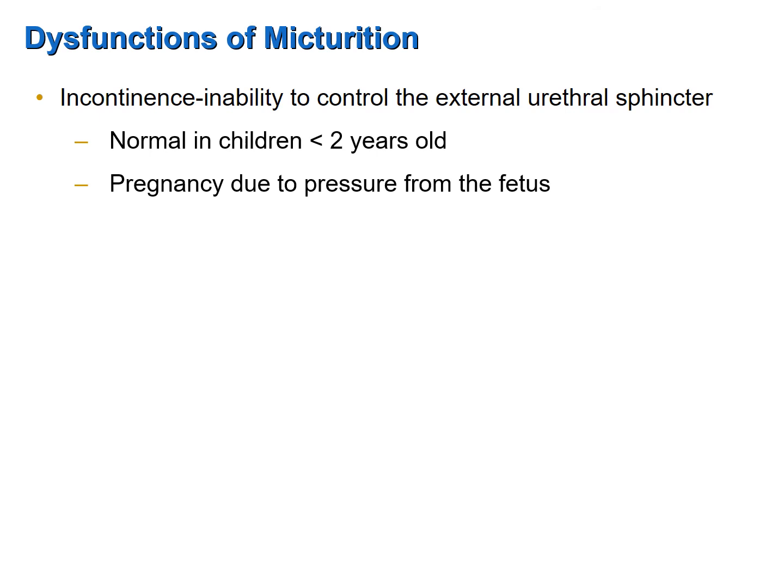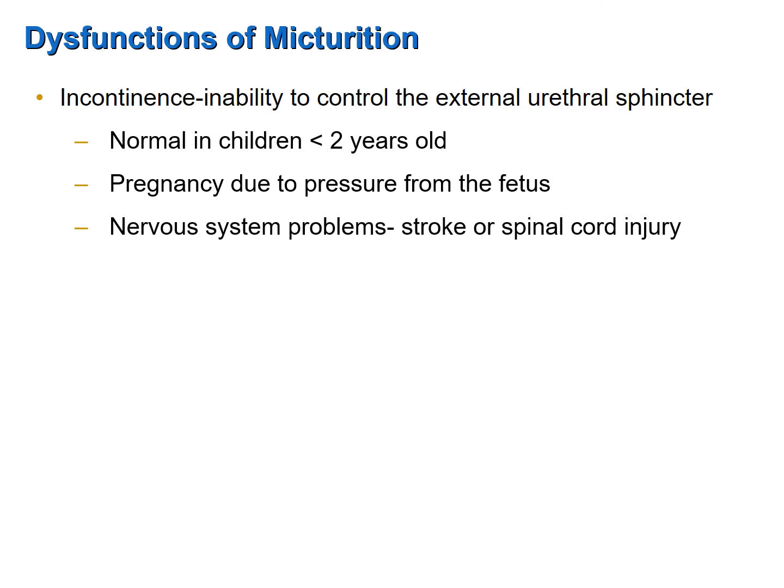During pregnancy, the growing fetus puts pressure on the urinary bladder, and as a result, there is somewhat a loss of control by the expectant mother over that external urethral sphincter. Nervous system problems, of course, such as cerebrovascular accident or spinal cord injury, will reduce one's ability to control the external urethral sphincter.